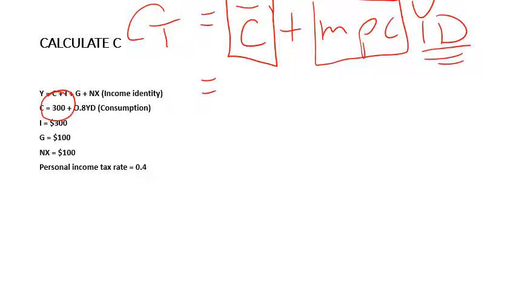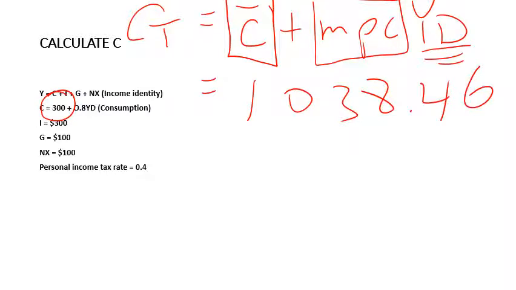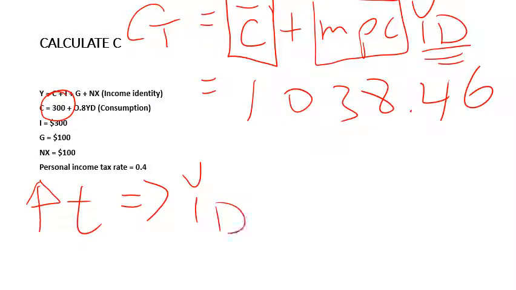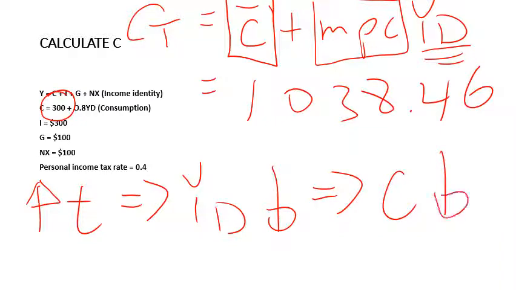So if we do the math correctly, our answer would be $1,038.46 billion. And indeed, this mathematical answer does verify the conceptual answer. An increase in T brought about a decrease in disposable income, which in turn brought about a decrease in total consumption. All right, so that's the answer.